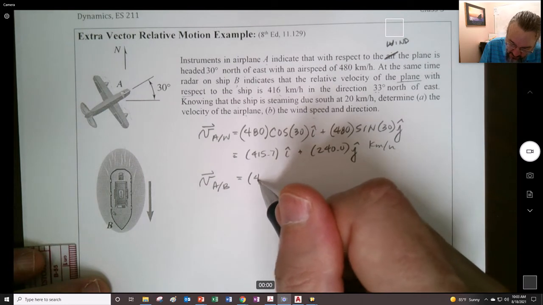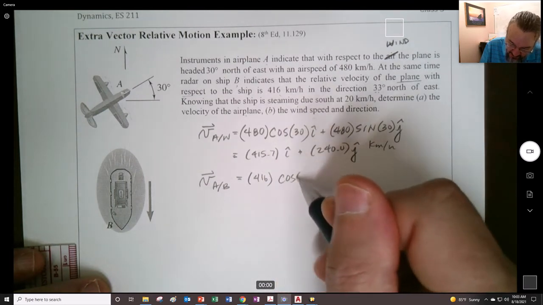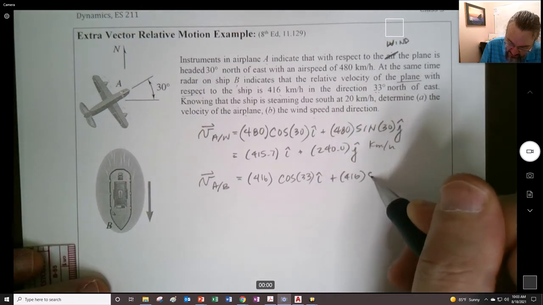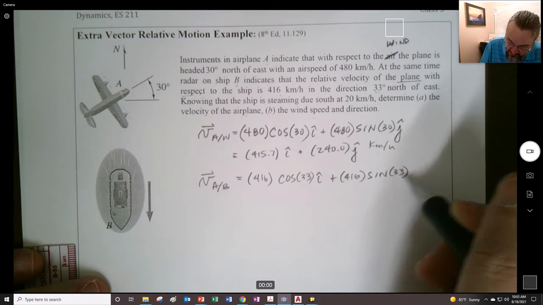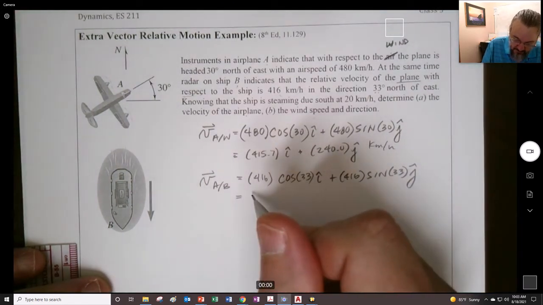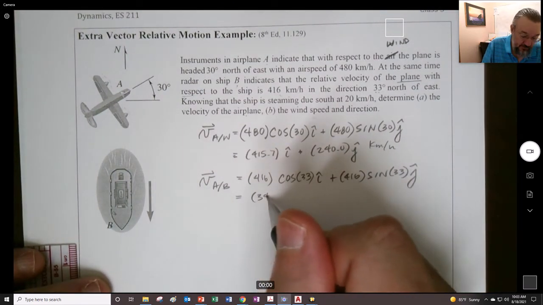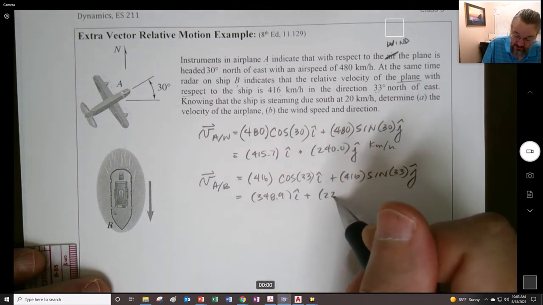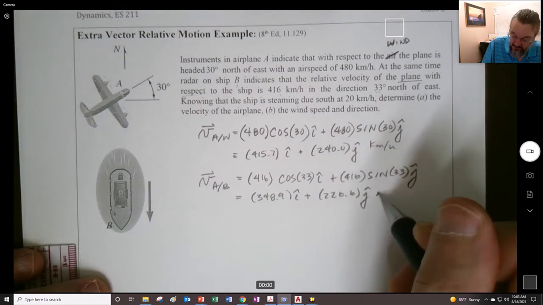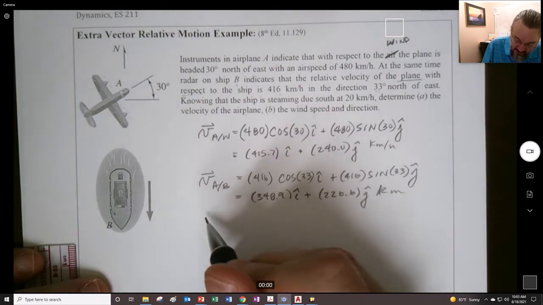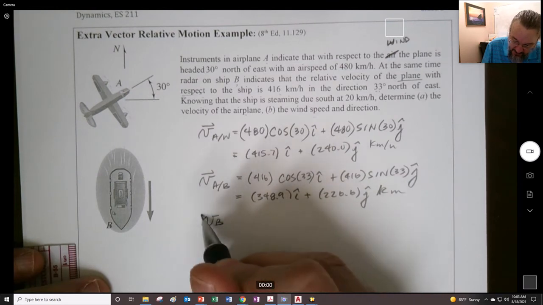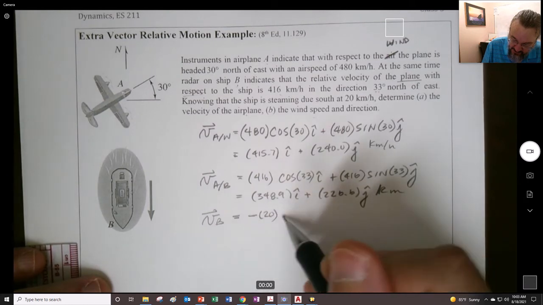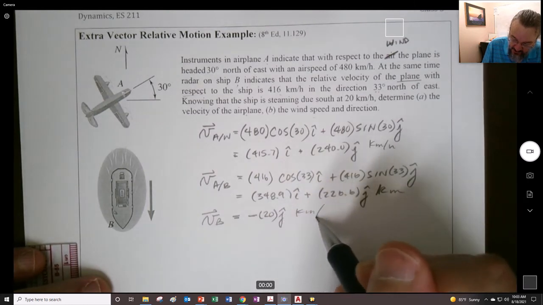So we have 416 cosine 33 i plus 416 sine 33 j, which is 348.9 i plus 226.6 j kilometers per hour. Something we also know is the velocity of B is negative 20 j kilometers per hour.